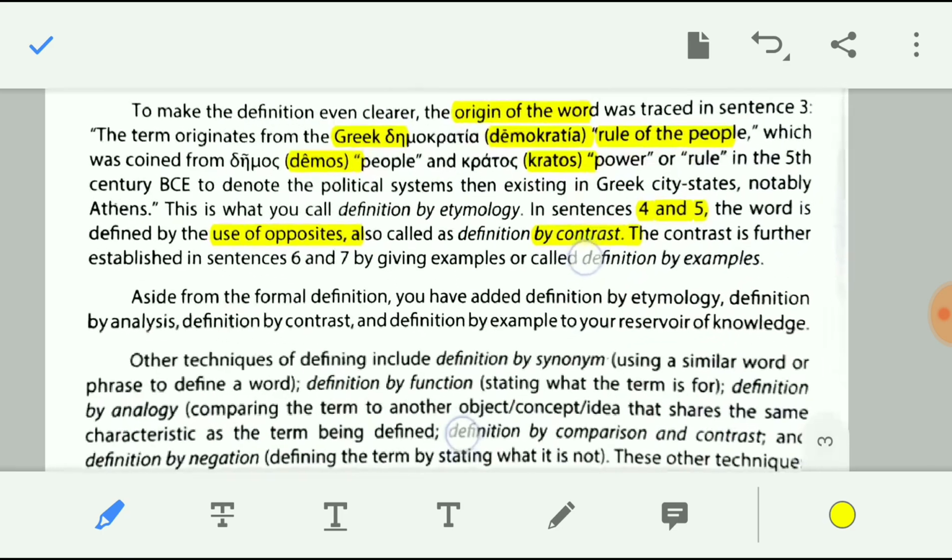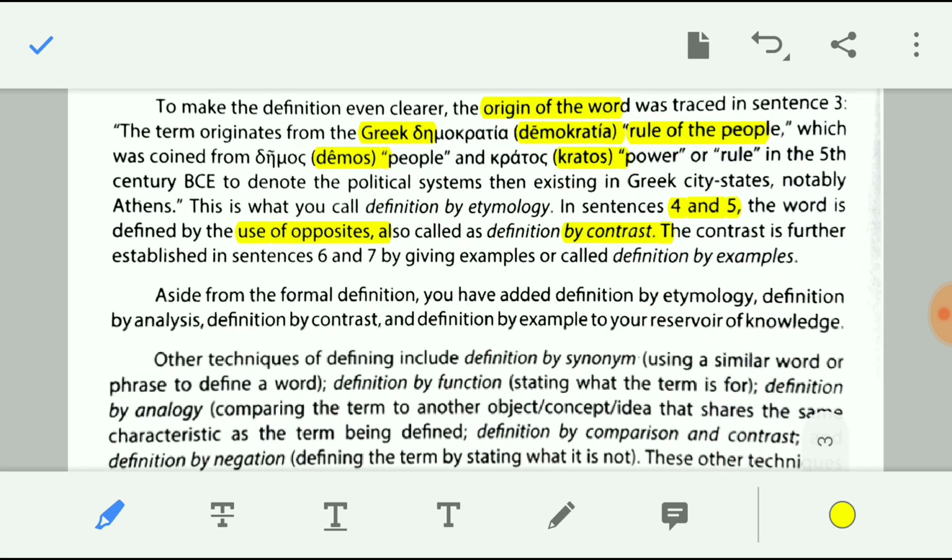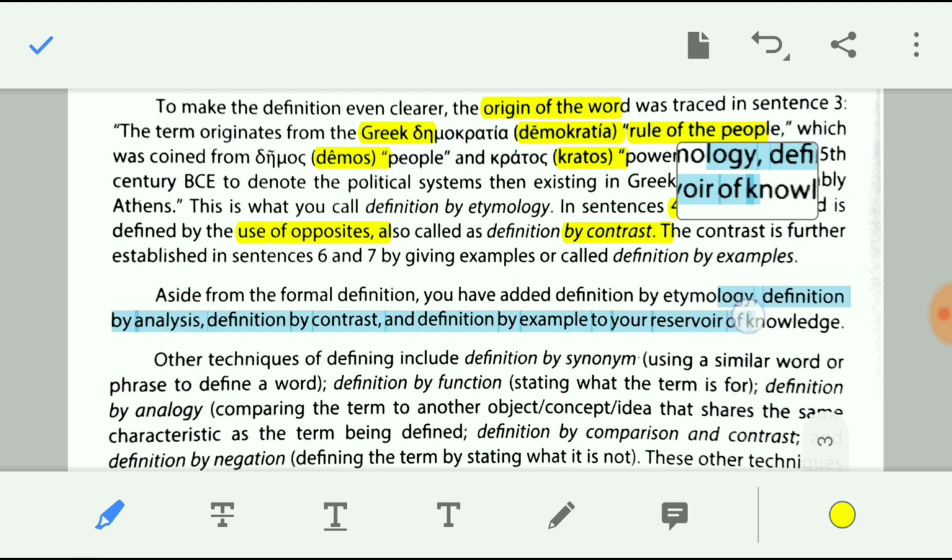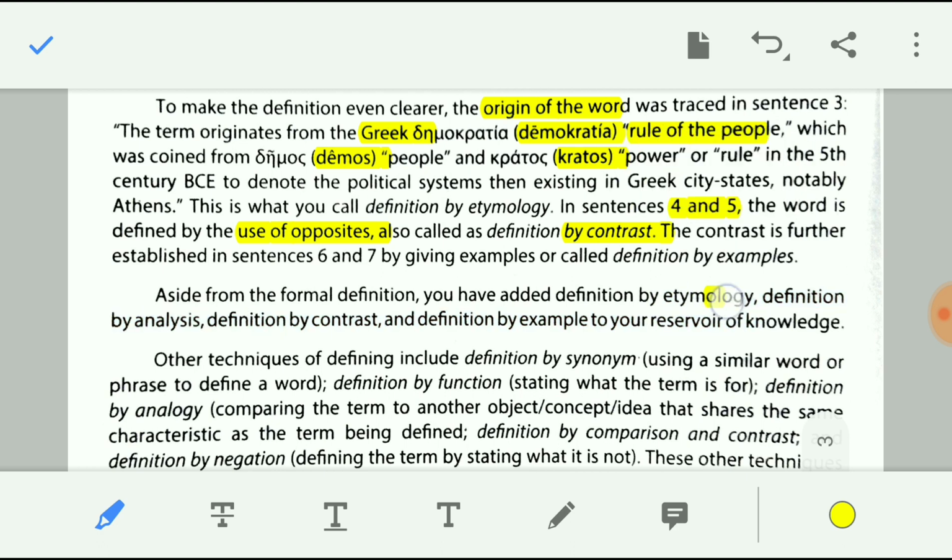Now, aside from formal definitions, you have etymology, you have definition by analysis, you also have definition by contrast, and you have definition by example. Let's take a look at some of the things that were mentioned. Kindly take a look that you can use the synonym, or how similar a word is.